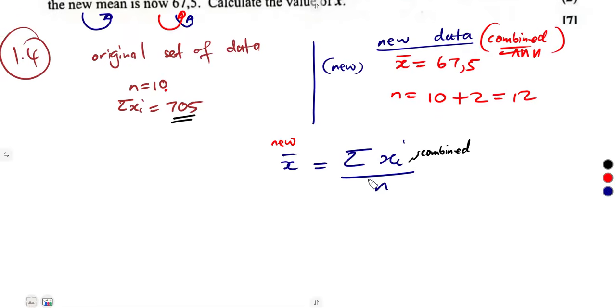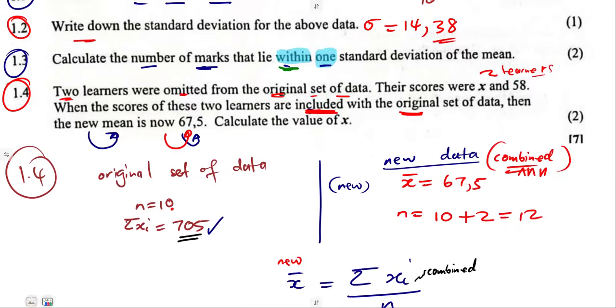We can form an equation to say the new mean that we are given, 67,5, is equal to the sum of terms for the combined situation, where we have 705 that we started with, plus, remember, the sum of the 10 terms that were given before. The 10 learners, this is their sum. But there is supposed to be the two learners that were added for us to obtain the new mean.